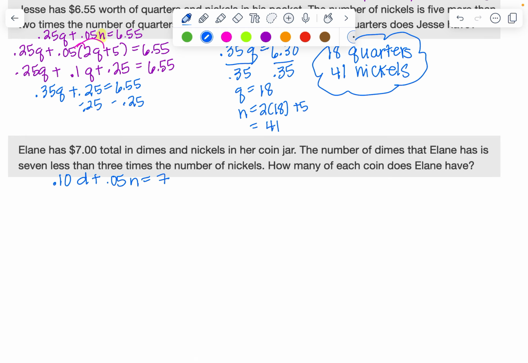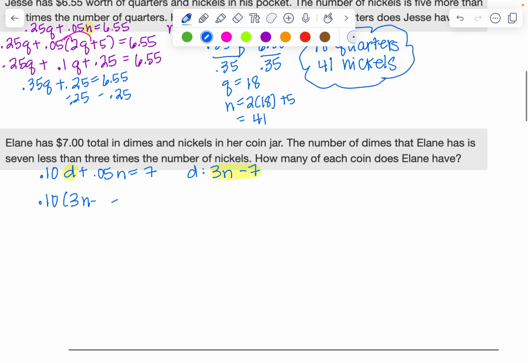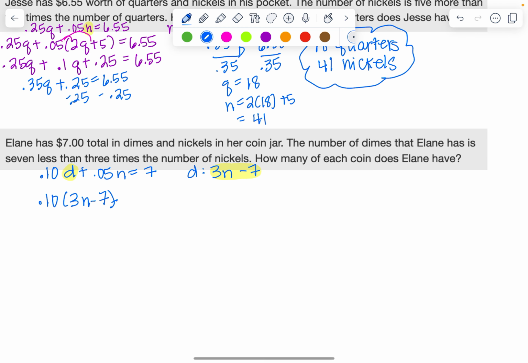And they're also telling me that the number of dimes is 7 less than 3 times the number of nickels. So taking this and plugging it in for D, we get 0.10 times 3N minus 7 plus 0.05N equals 7.